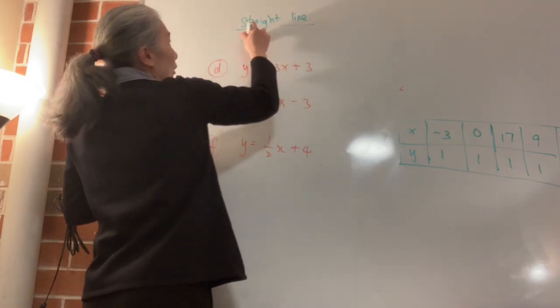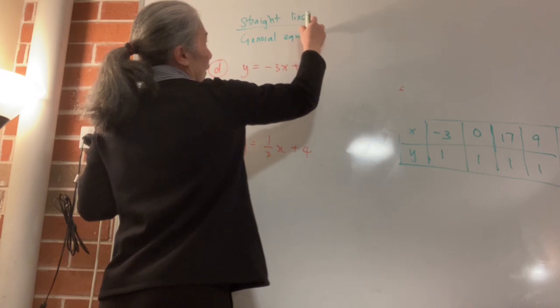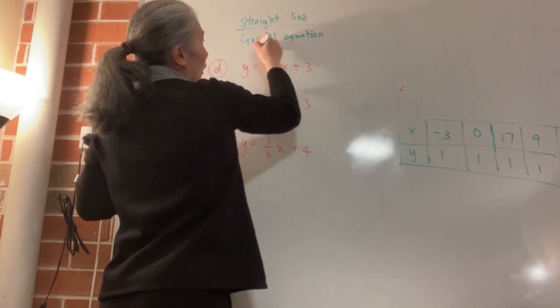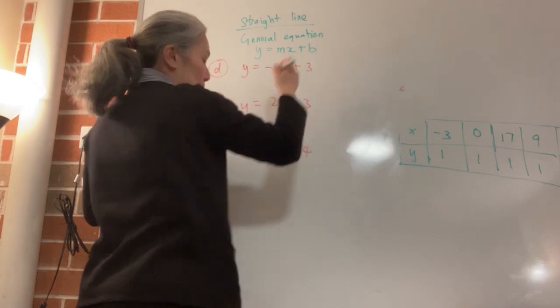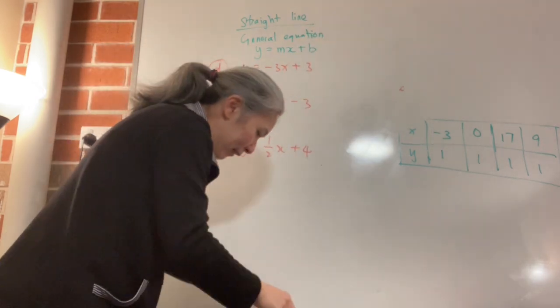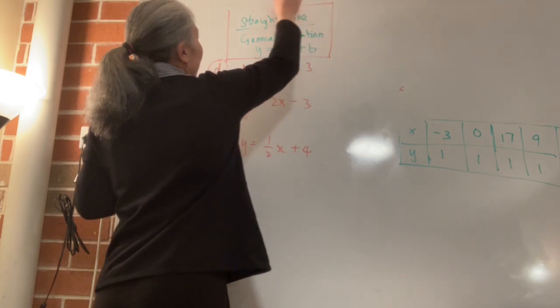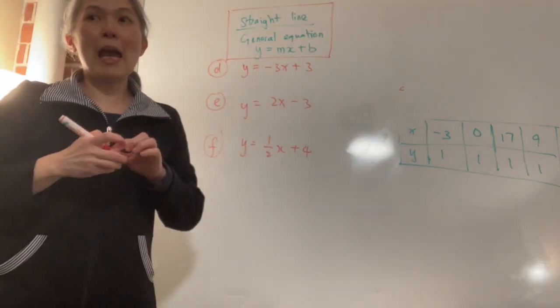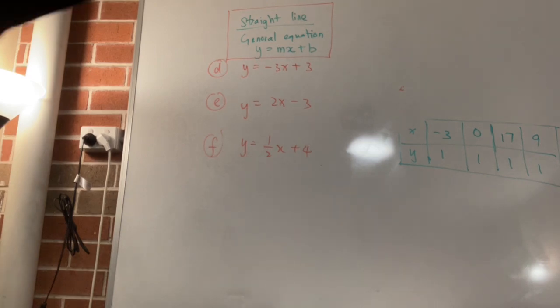The general equation for a straight line is y equal to mx plus b. Write this down.